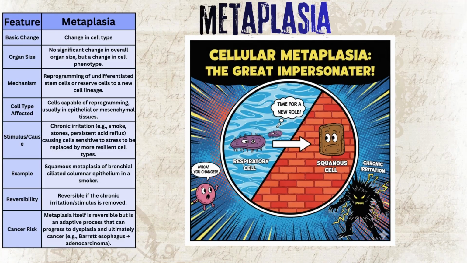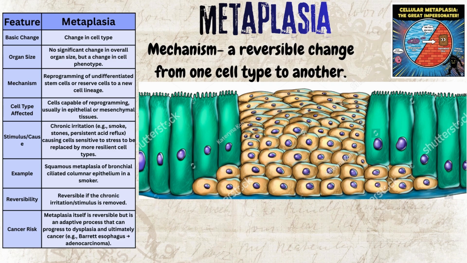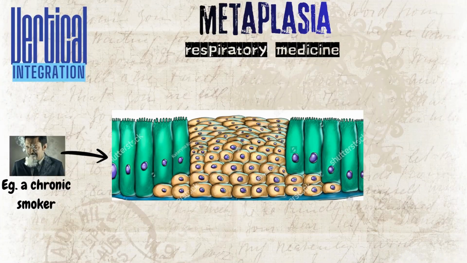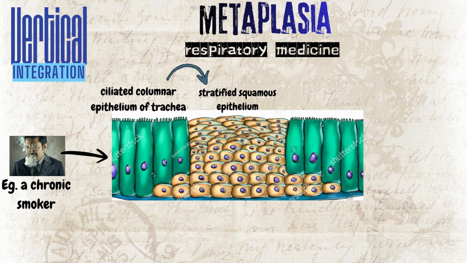Metaplasia. The city switches its industry. It's a reversible change from one adult cell type to another. Chronic smoker. The delicate ciliated columnar epithelium of the trachea gets burned by smoke. The stem cells reprogram to make squamous epithelium. Why squamous?